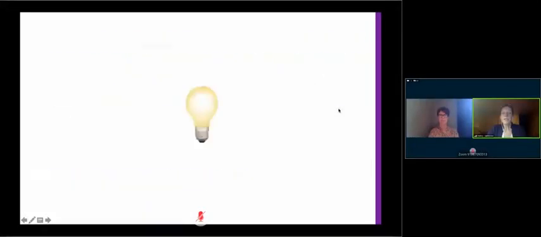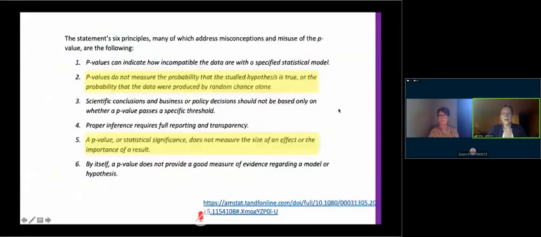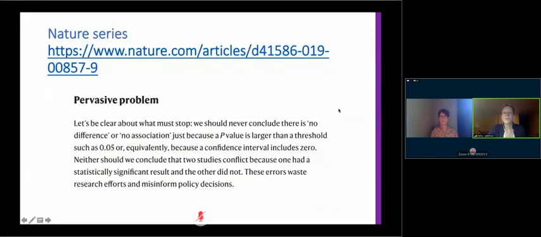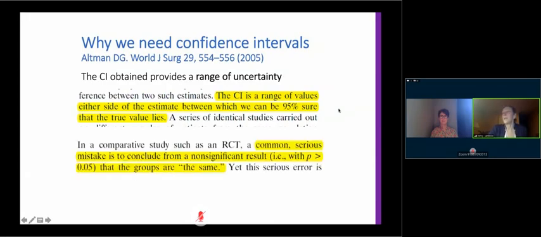Yeah, it's really something that, as you said, even from the American Statistical Association, from the work that's coming and being published in Nature, the work that we had from Doug Altman, really the p-value is not turning out to be something that you would use to help interpret your evidence and communicate a result.